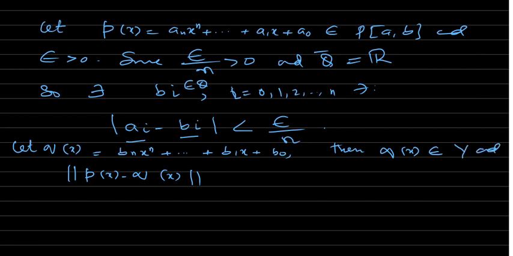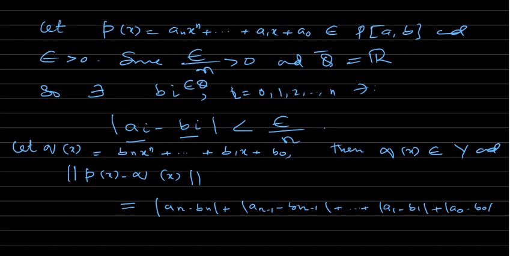Let's calculate now this norm. This is simply the difference of these two polynomials. Let's apply the first norm that you had defined here, the sum of the modulus of the scalars. So this is mod of a_n minus b_n plus mod of a_{n-1} minus b_{n-1} plus ... plus mod of a_1 minus b_1 plus mod of a_0 minus b_0.